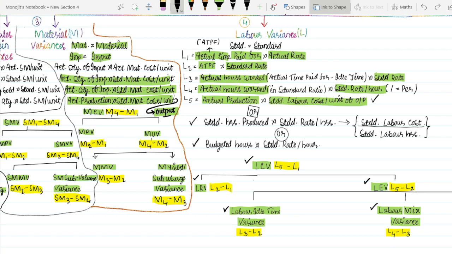The material usage variance is divided into material mix variance and material yield or sub usage variance.